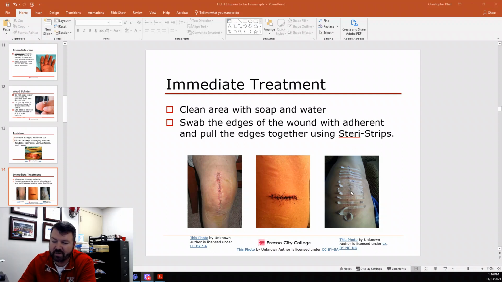Steri strips are the modern day butterfly bandages, and that's more to keep it closed after you clean it out. That way it starts to heal a little bit, so it's not kept open the whole time. And obviously if there's still bleeding, your concern isn't to close it up. If it's bleeding, your first priority is to control the bleeding.